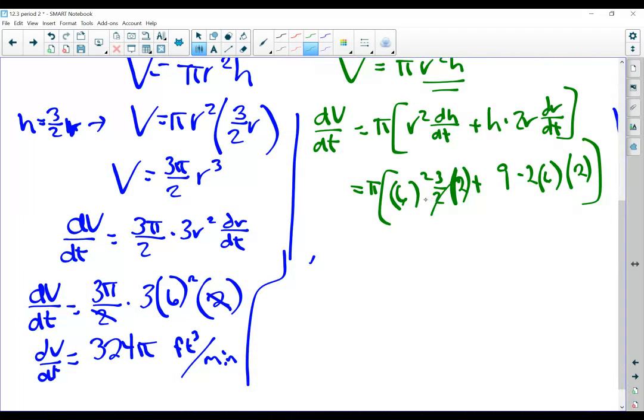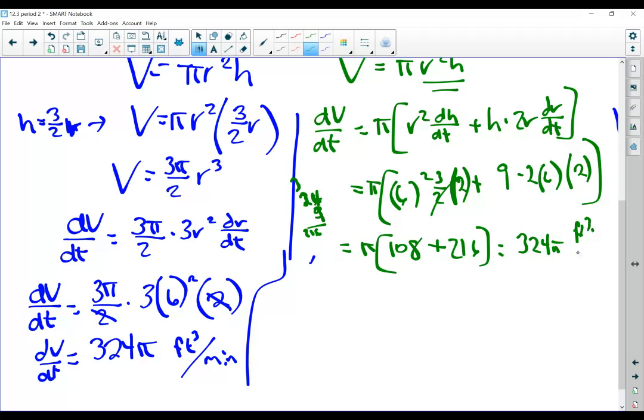And now if I simplify this, I end up getting pi, and then 6 squared is 36, and we got 36 times 3, which is 108, plus, and then here I have 6 times 2 is 12, times 2 is 24, 24 times 9 is 216. And if I add that together, I get 324 pi.